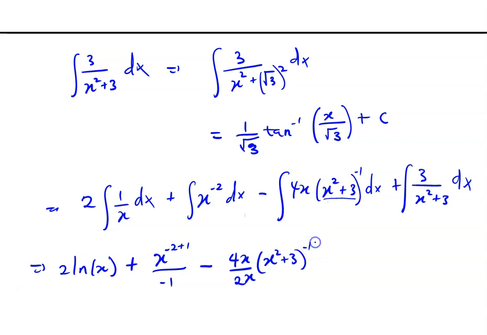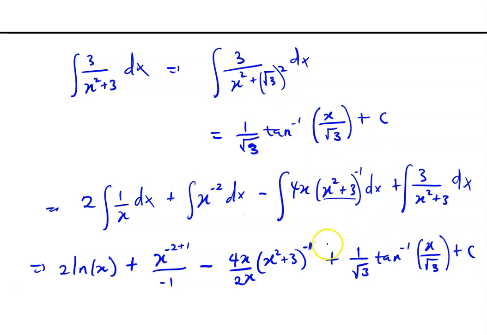So at the end, I don't need to even write this one because it is ln. I don't need to add plus 1 to it because when it was minus 1, it's going to be ln. So we are going to change this one to ln very soon. Then I have my plus, which is 1 on root 3 tan inverse of x over root 3 plus c.